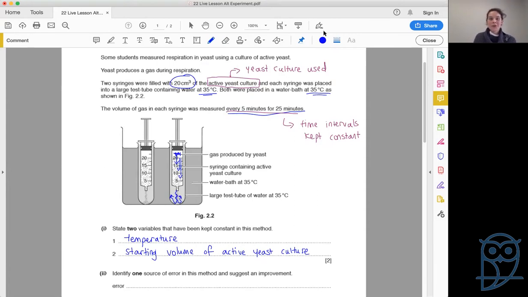You can go to your local grocery store and buy just yeast and it's sitting in a packet, it's not respiring. So the important thing here is that it is active yeast. So this is one of those additional words that I would not want to skip out on. If you're going to skip out on one, skip out on culture. It's active yeast, that's the reason why it is actually producing that gas. So in this case, I would not take that risk of missing the active, okay? Our independent variable here is our active yeast.